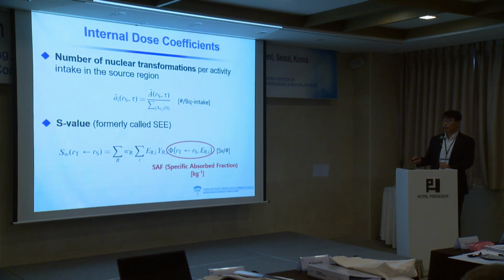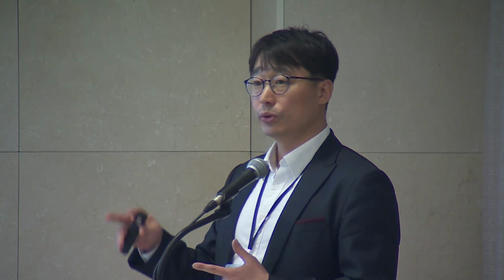And S value was formerly called specific effective energy, which means the energy delivered in the target region from the radiation from the source region. So this means the equivalent dose in the target region from the nuclear transformation in the source region. This S value can be calculated using this formula.